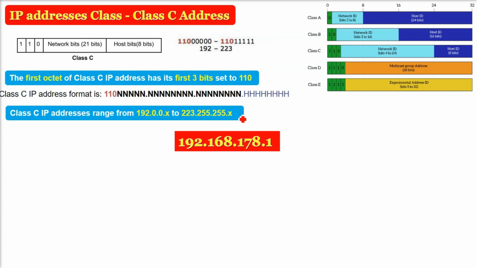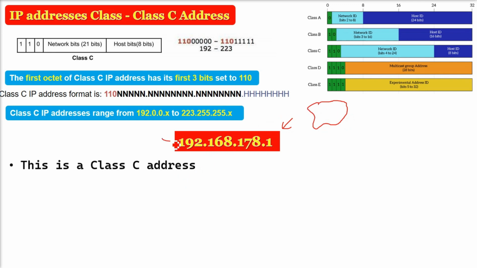If we take an example, 192.168.178.1, how do we know which class this address belongs to? Whenever we learn in college or in theory, we always see 192.168.1.1. People usually give this in their computer using network settings and adapter changes. So how do you know this is a class C address?